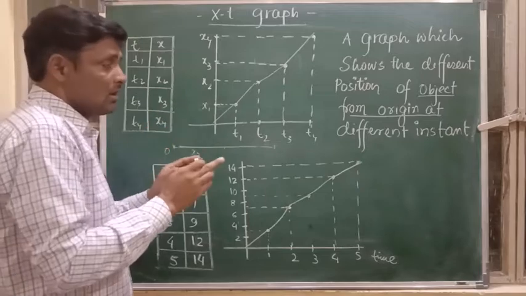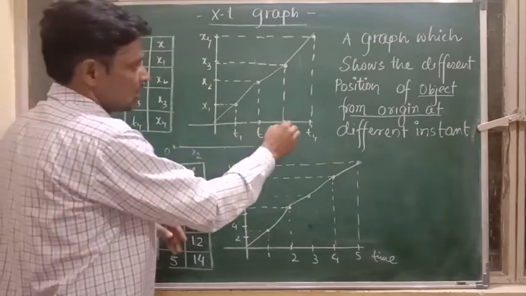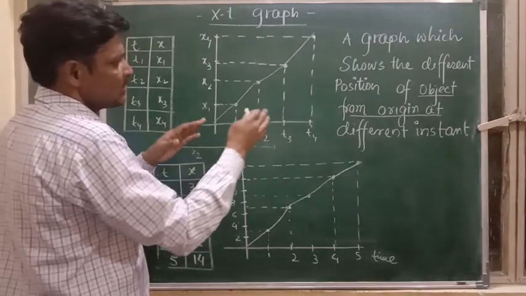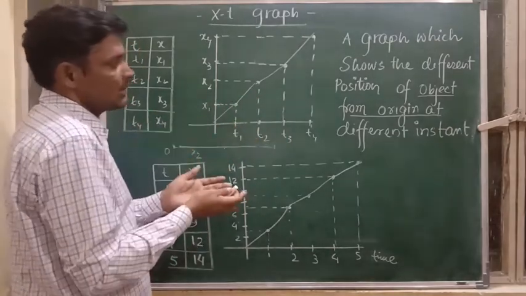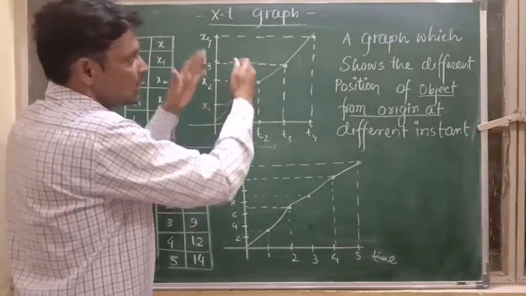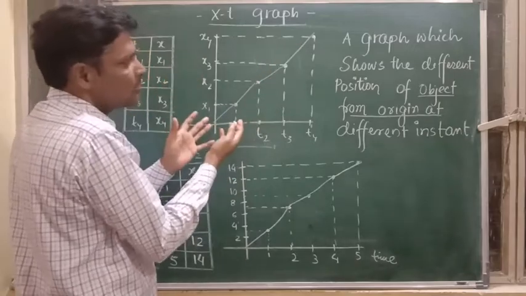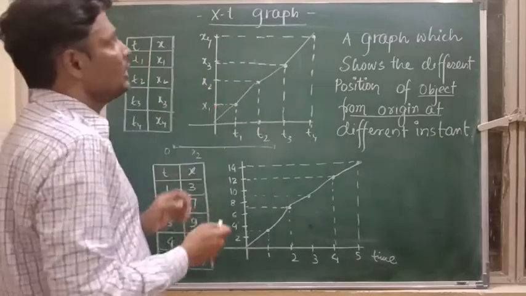Position is always measured from the origin and time that you noted down. So step by step at a different instant you have different position, and when we draw this on a graph paper we get this kind of graph. This graph is called xt graph.